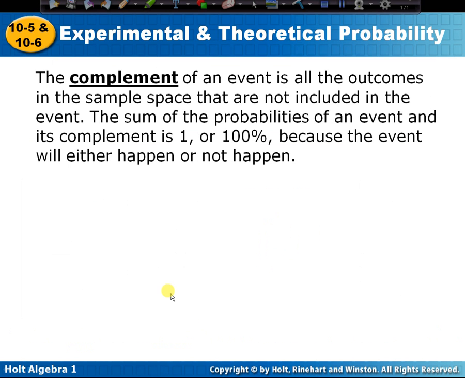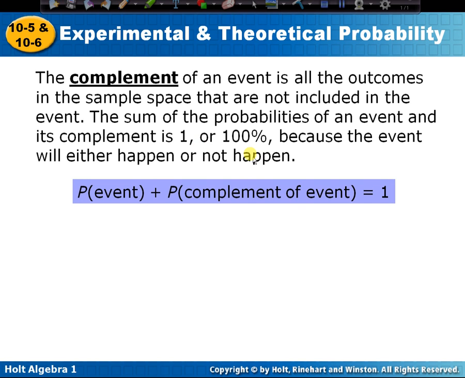The complement of an event is all the outcomes in the sample space that are not included in the event. So it's everything else. The sum of the probabilities of the event and its complement is 1 or 100%, because the event will either happen or not happen. So write this down.